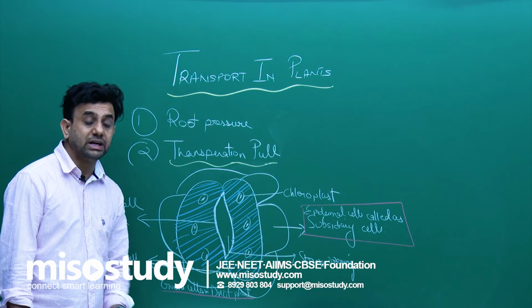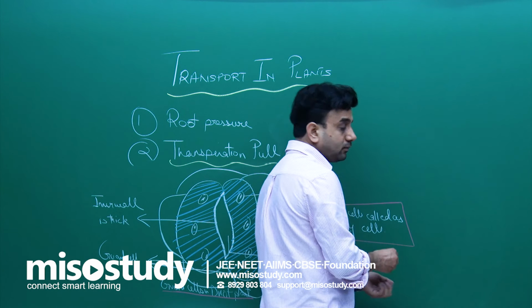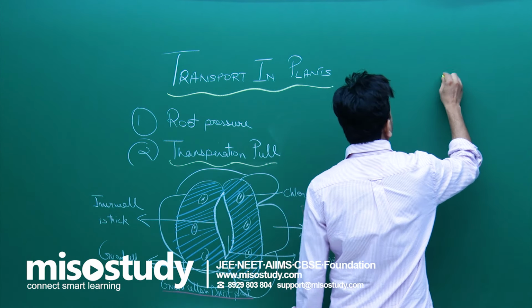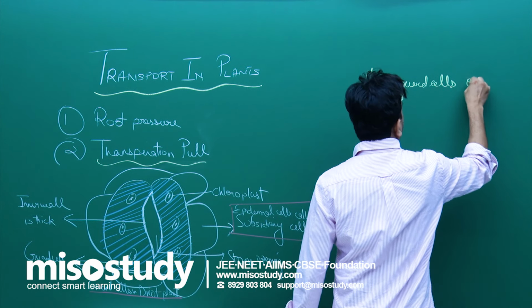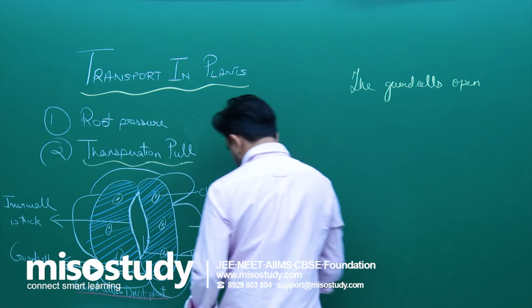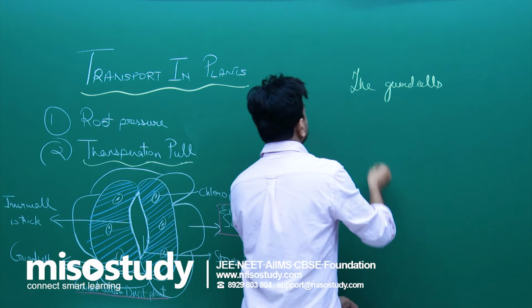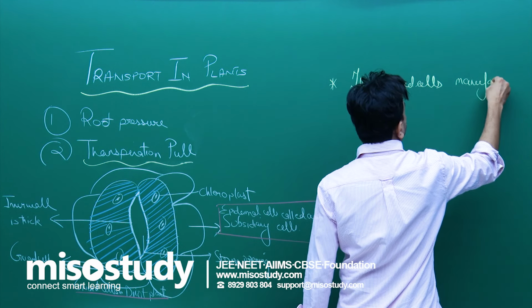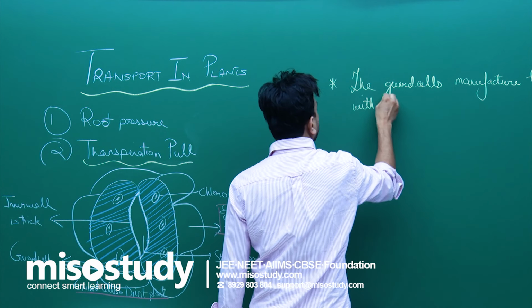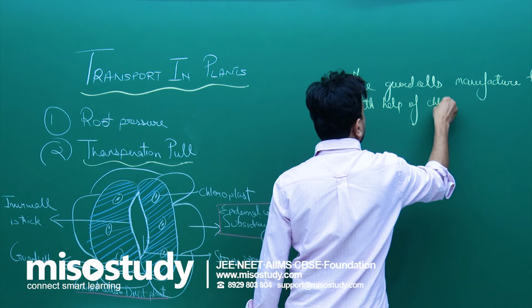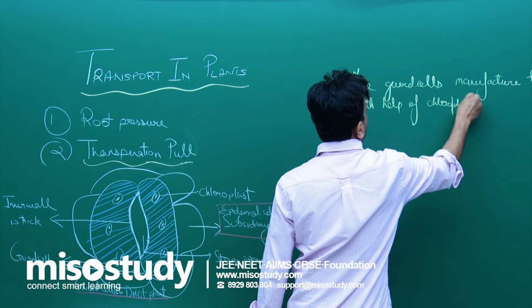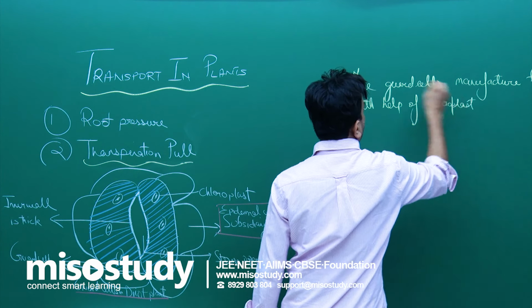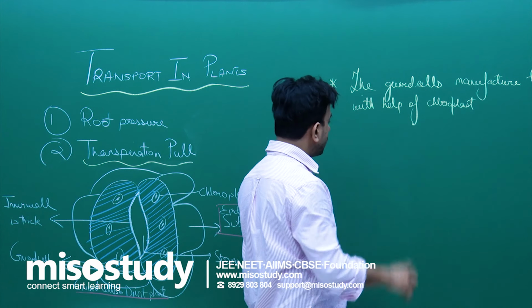So we can say, I'll write it here, the guard cells manufacture food with the help of chloroplast, because they will be having the chlorophyll pigment in the thylakoid membrane. So the guard cells manufacture food with the help of chloroplast.